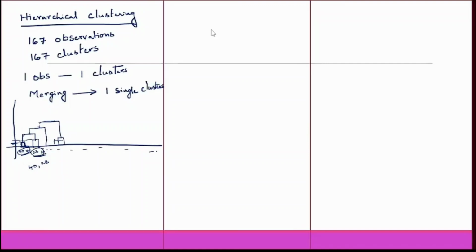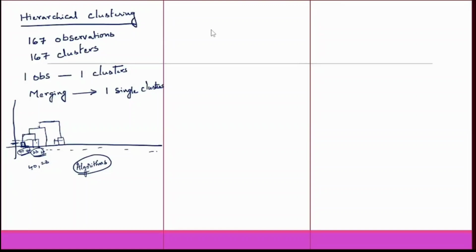Now, if I have to join these two clusters, different algorithms come into the picture.